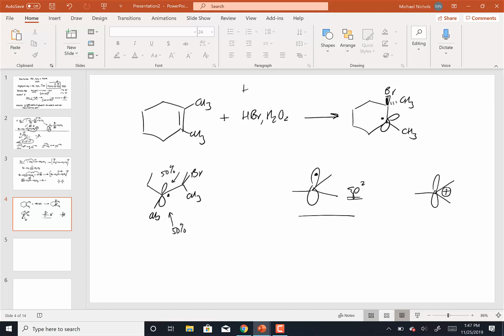So for HBr and peroxide, it's anti-Markovnikov, and it's 50-50 cis and trans, as far as the stereochemistry goes. Just like for any carbocation reaction.